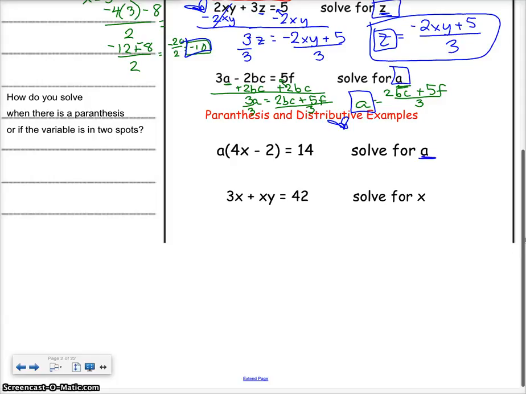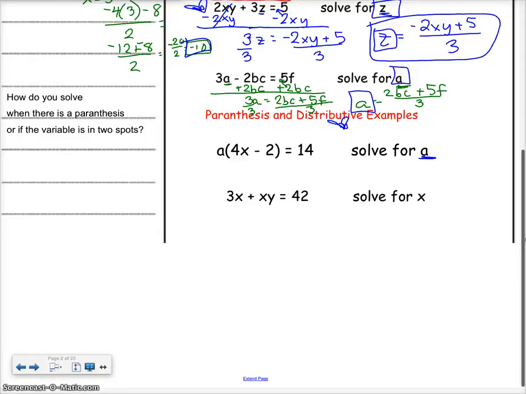Okay, this next one I want to solve for A. I think instinctively you're going to want to distribute the A. Don't do it, because A needs to be in one spot in order to move it. So what's sticking to the A right now? A parenthesis. I love that you said that. A parenthesis is sticking to the A right now. So we need to get rid of that parenthesis. This is A times that parenthesis expression. What's the inverse of times?